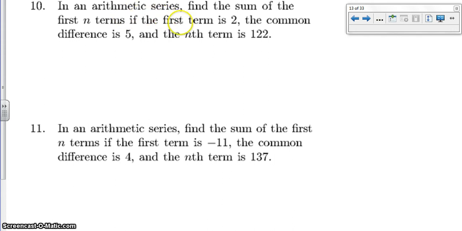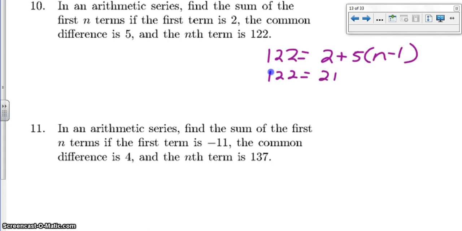20. In an arithmetic series, find the sum of the first n numbers if the first term is 2, the common difference is 5, and the nth term is 122. Oh, Mrs. Rose, 122 equals the first term plus the common difference times n minus 1. 122 is equal to 2 plus 5n minus 5. 122 is equal to 5n minus 3.